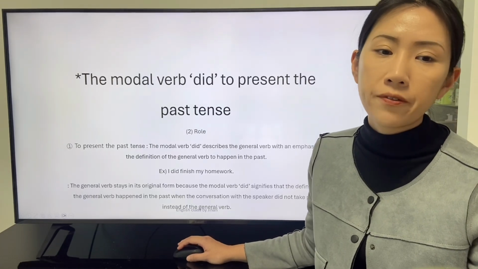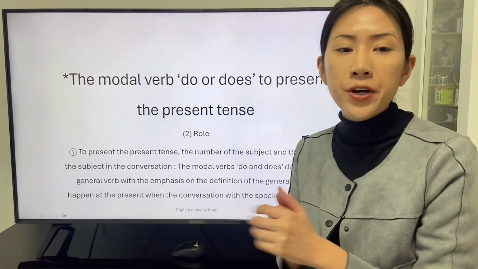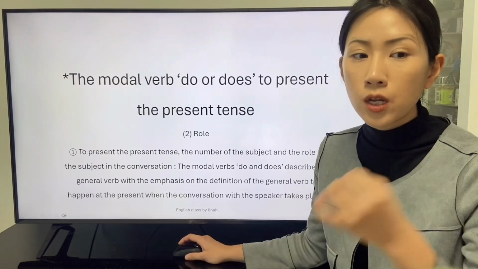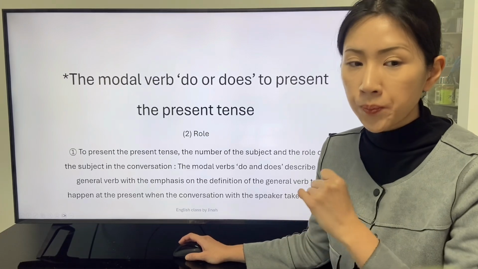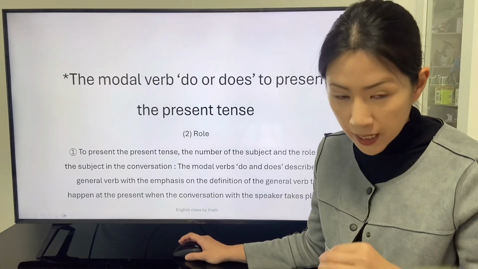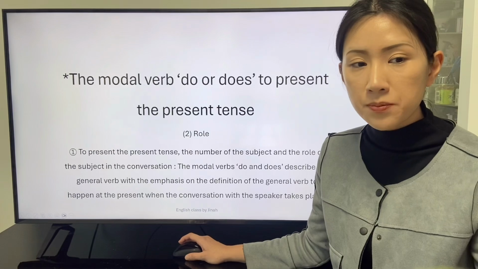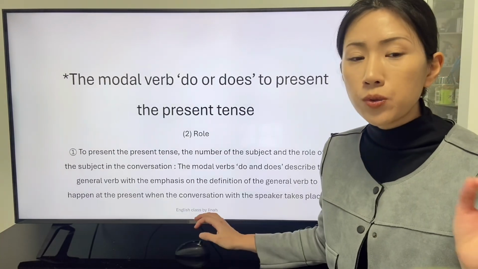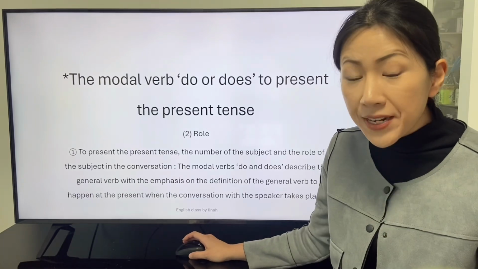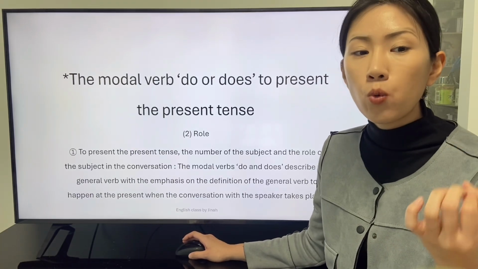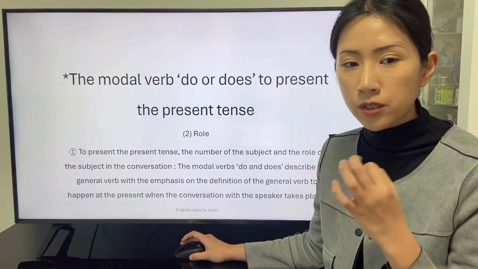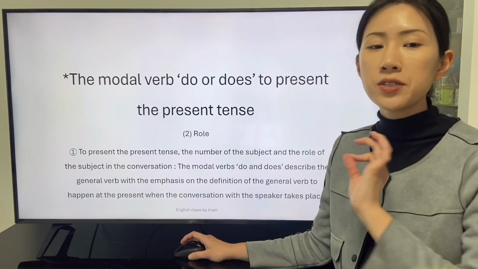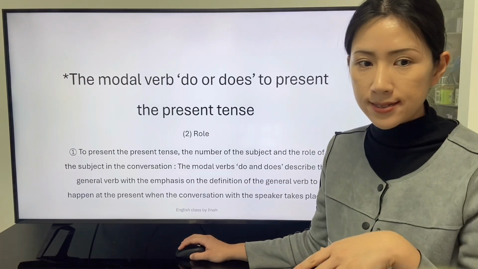The modal verbs do or does reveal the present tense, the number of the subject, and the role of the subject in the conversation. The modal verbs do and does describe the definition of the general verb with the emphasis on the definition of the general verb to happen at the present when the conversation with the speaker takes place.